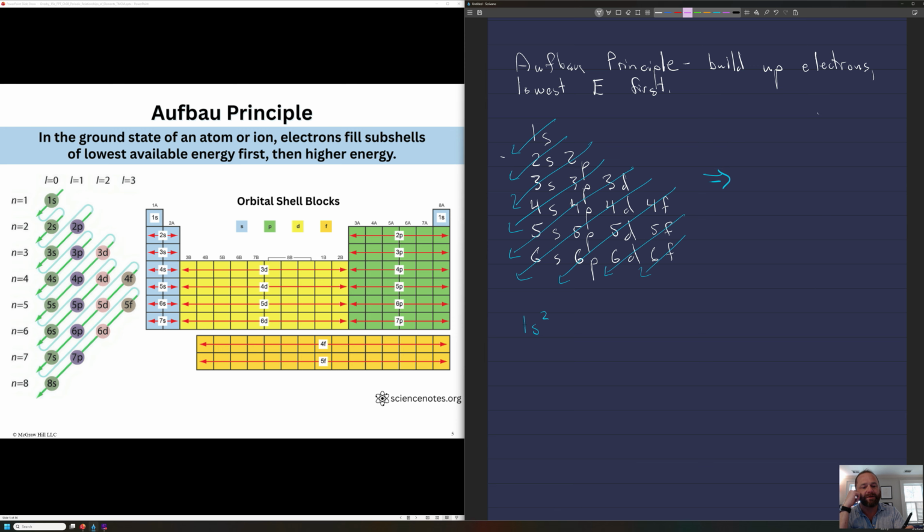So in S's, there are two electrons. P's can hold 6 electrons. D's can hold how many? 10. 1, 2, 3, 4, 5, 6, 7, 8, 9, 10. 10 electrons. And then the F's, I think it's 16, my goodness. 1, 2, 3, 4, 5, 6, 7, 8, 9, 10, 11, 12, 13, 14, 15.